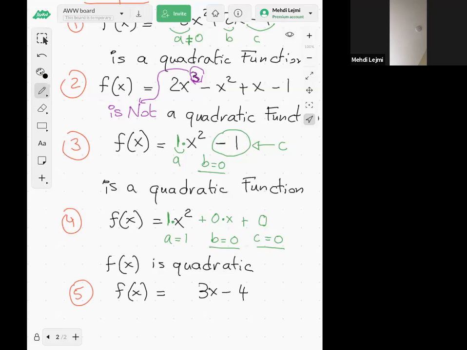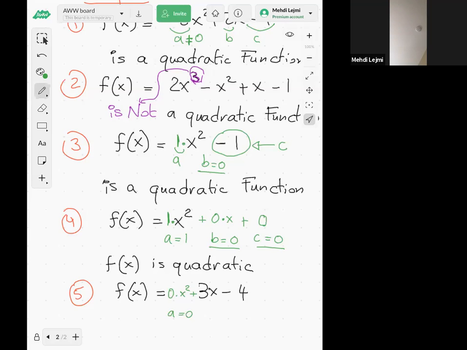Well, here there's no x squared. If there is no x squared, it means 0 times x squared. So your a is 0 here, because there is no x squared. A is 0, and so if your a is 0, then it's not.